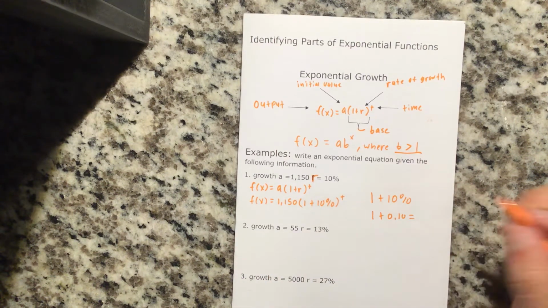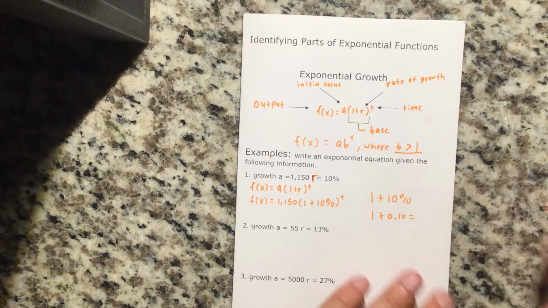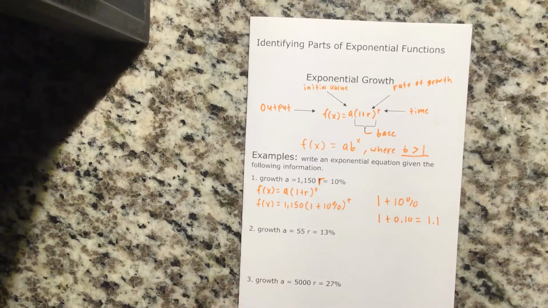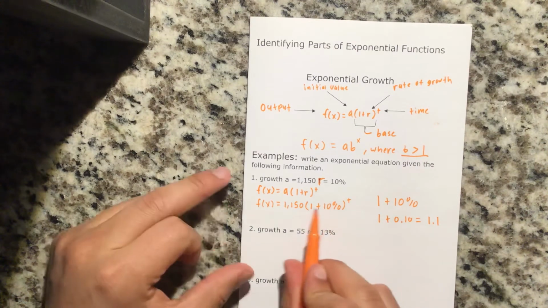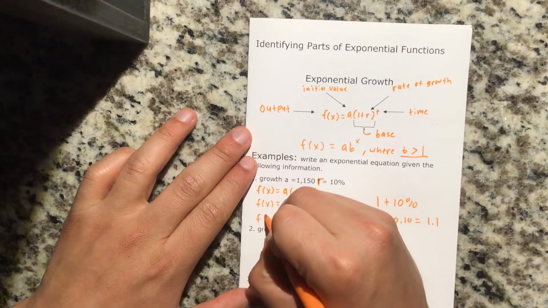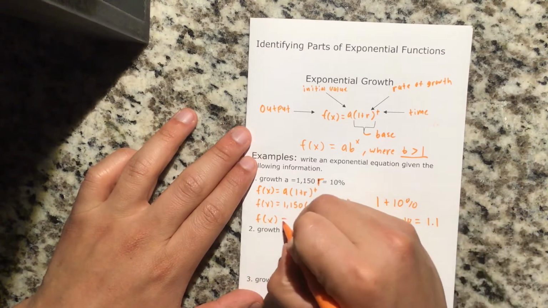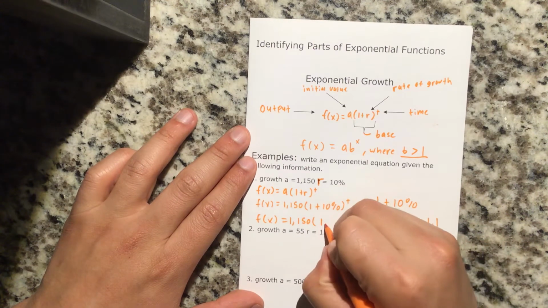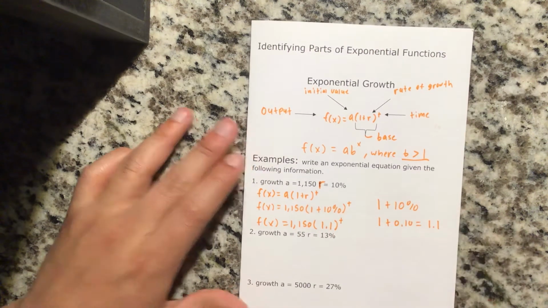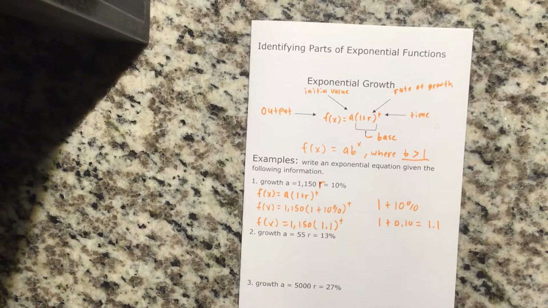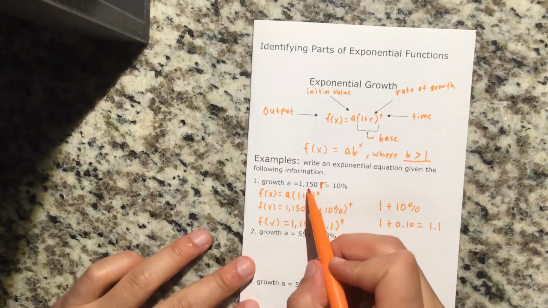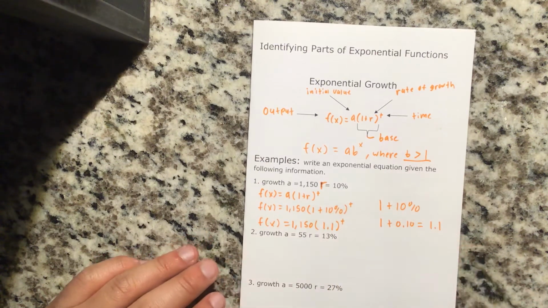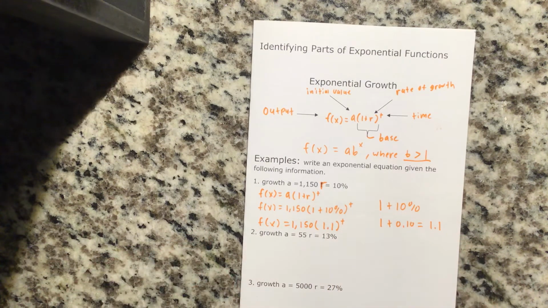So if we add that up, 1 plus 0.10, you put that in your calculator, you get 1.1, okay? So when I simplify this parentheses, I get my final exponential equation as f of x equals 1,150 times 1.1 to the t power. And that's it. That's an exponential equation with my initial value of 1,150 and my rate of growth as 10%. Okay?